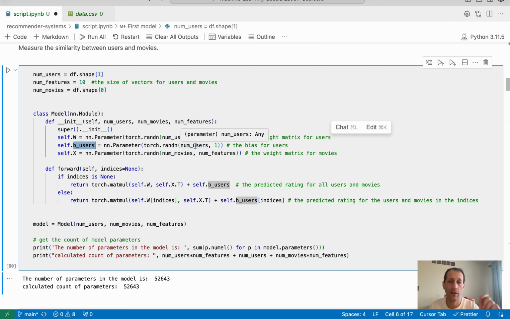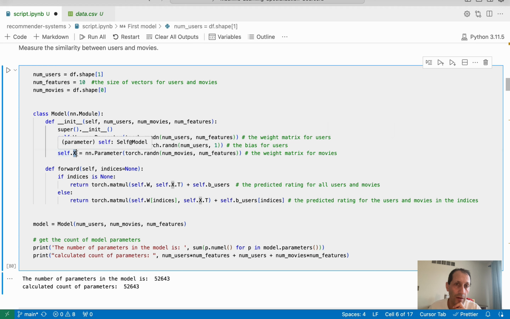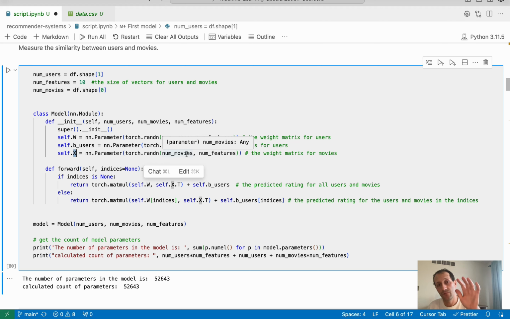So the dimension is going to be number of users, but then a constant value or a single column. And these are the movie features or the movie vectors, where each row is going to be one movie, and for each row you have 10 values or 10 columns, right?